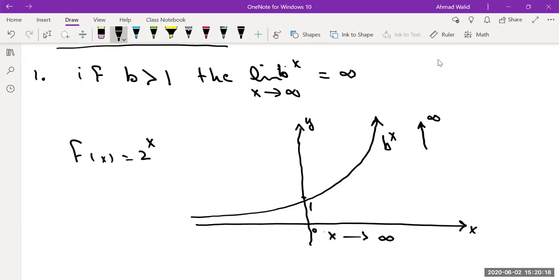Hopefully your professor in Calculus 1 explained that instead of repeating closer, closer, closer, we use the word approaching. As x is approaching infinity, your function is also approaching infinity, and we write this in limit notation: the limit of b to the power of x as x approaches infinity gives you infinity.